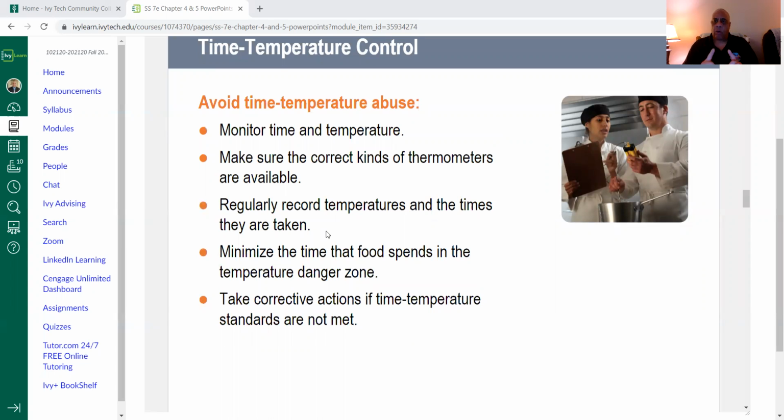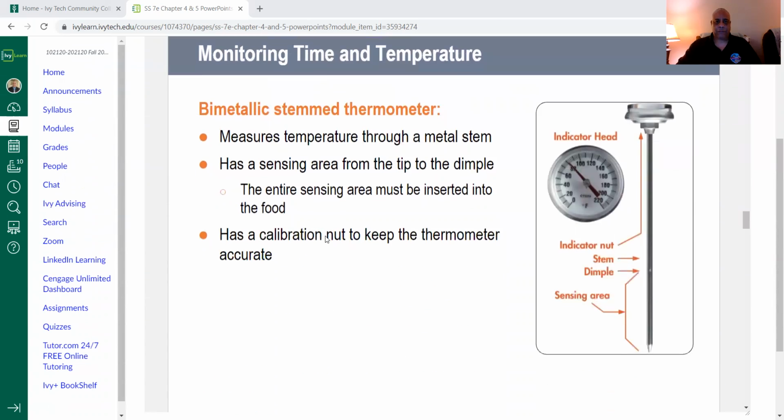Temperature recording is very important because that's an area that's used for verification. So you must record temperatures and the times regularly. Also, you minimize the time that food spends in the temperature danger zone, and then take corrective actions if time temperature standards are not met.